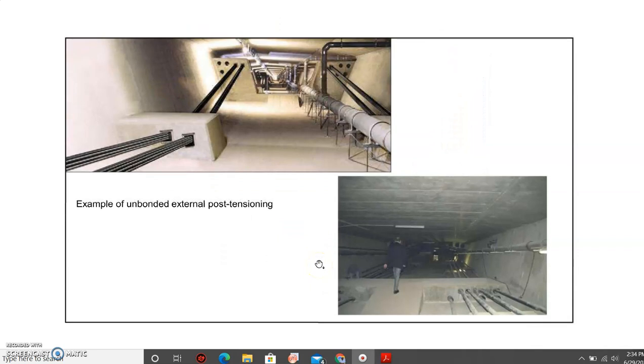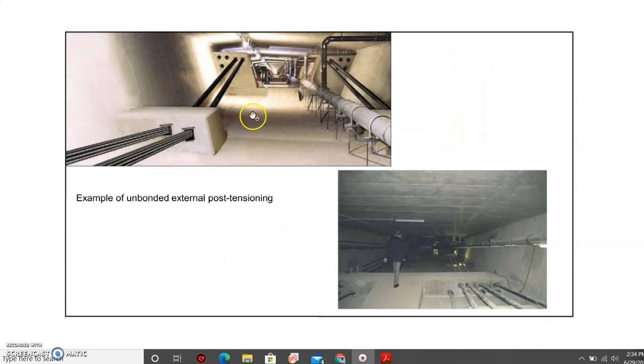In the next picture, this is the example for unbonded external post-tensioning. Unbonded means there is no concrete around the tendons. External means the tendons are provided outside of the concrete structure, and post-tensioning means the tension is provided in the tendons after hardening of concrete.